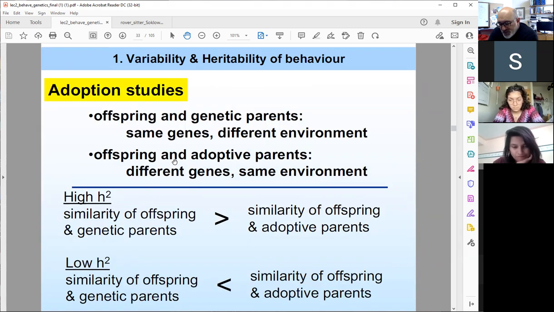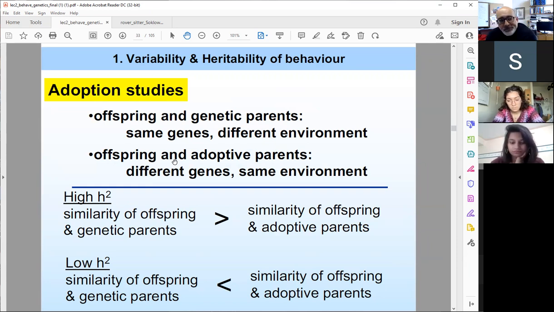There are adoption studies that have also been done. And this is where twins, for example, are adopted out, and they are genetically identical, but they are raised in completely different environments. And so we can compare the similarity between offspring and their parents, the kids and their parents, and you can compare between genetic parents and adoptive parents.